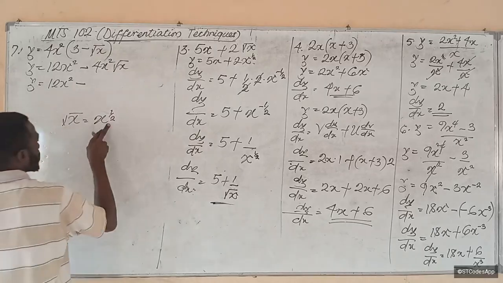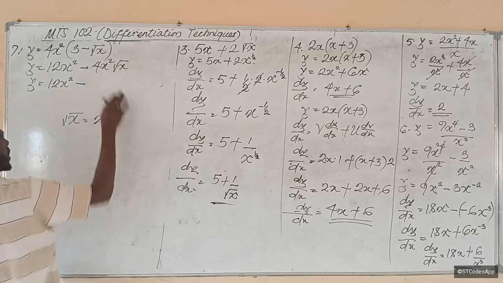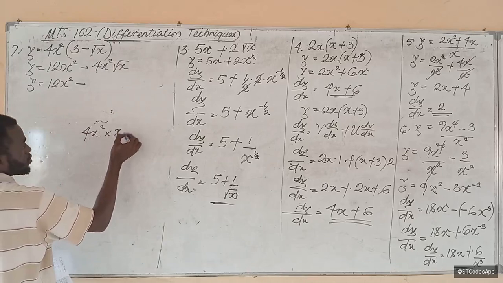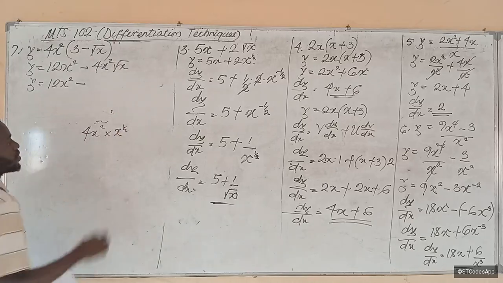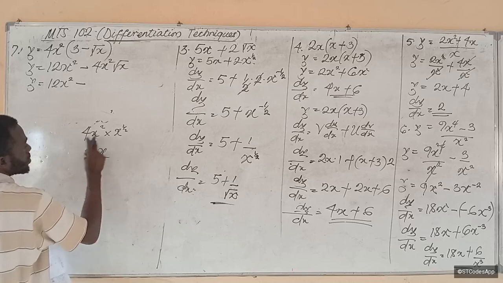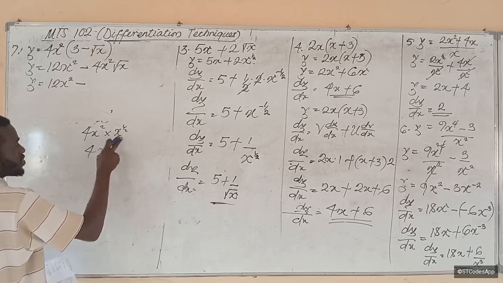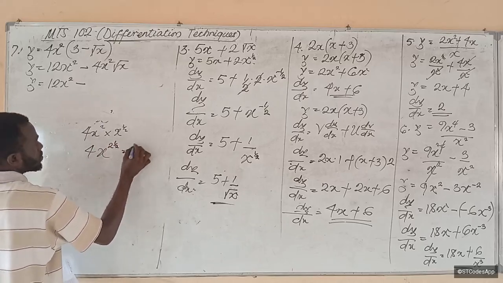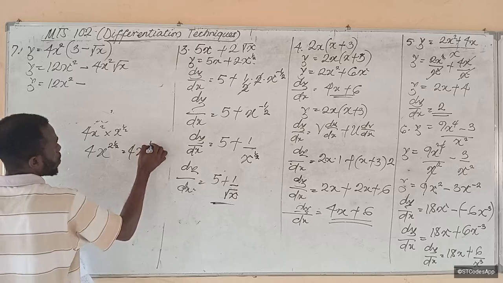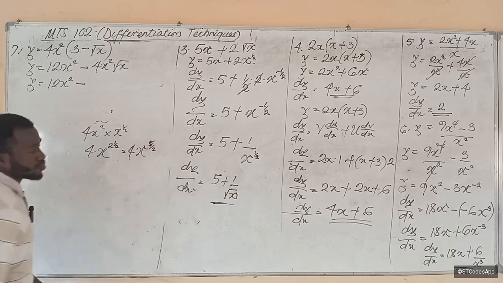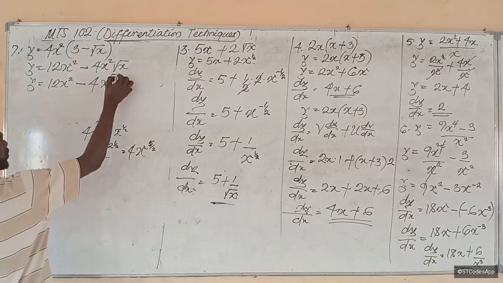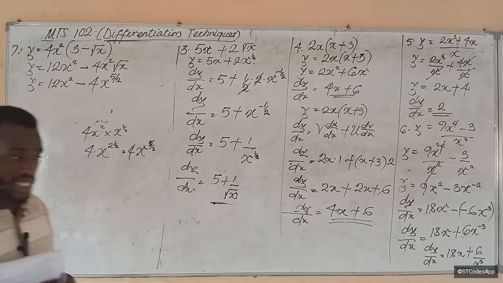So if this is the case, then we have 4x squared multiplying x raised to the power 1 over 2, right? Multiplication of base will lead to addition of power, 2 plus 1 over 2, which is 4x raised to the power what? 5 over 2. Is this clear? So I can say 4x raised to the power 5 over 2 here. I hope that is clear.